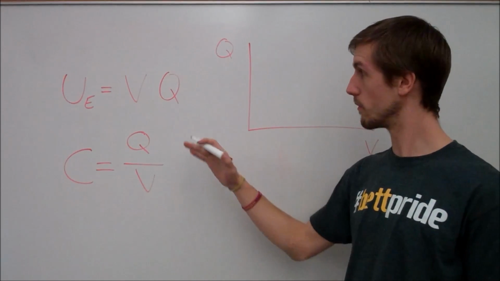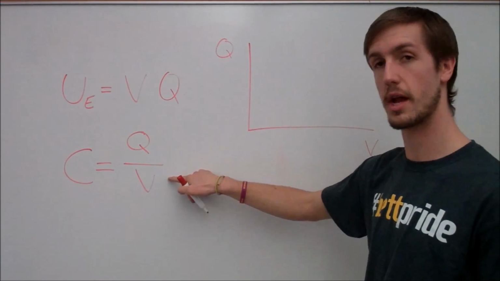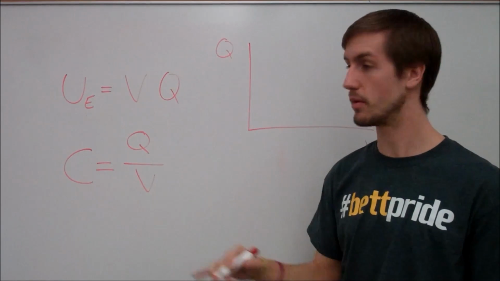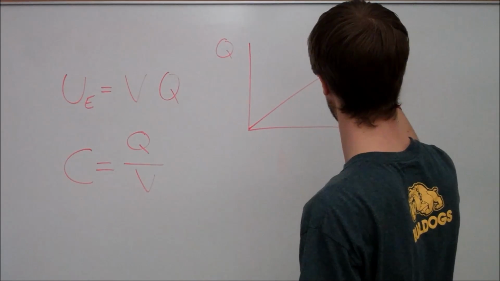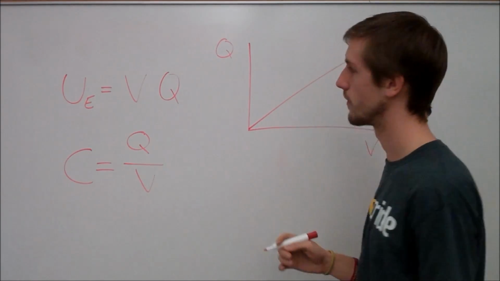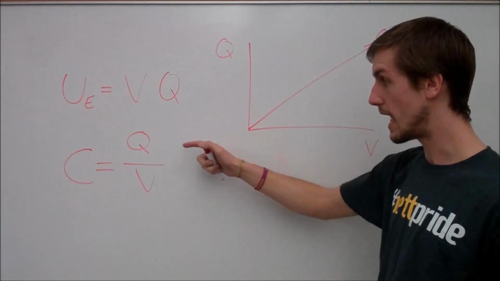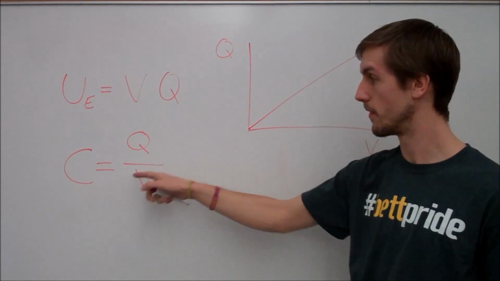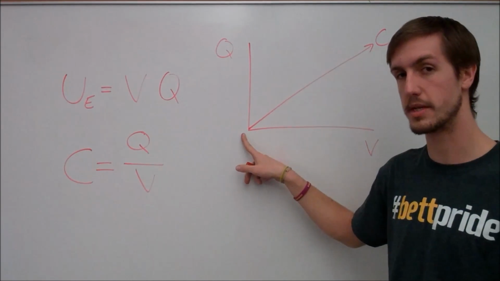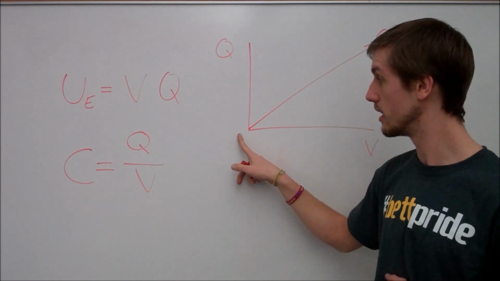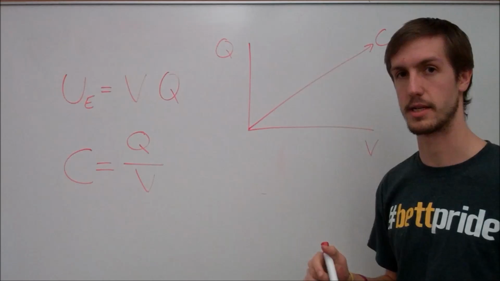I have my charge on my vertical axis, voltage on my horizontal axis, and the slope of my line would be my capacitance. This is using the bottom formula. If I were to find my capacitance, I would do charge over voltage. As I start off at 0, my voltage would be 0, and the amount of charge on my plate is also 0. Then as I go up, I can graph my capacitance.